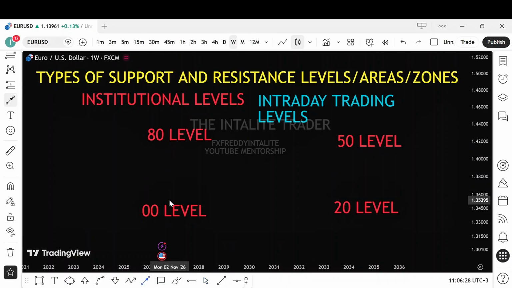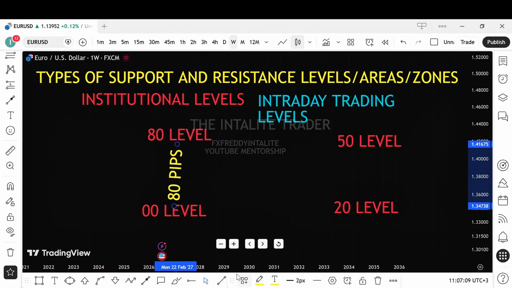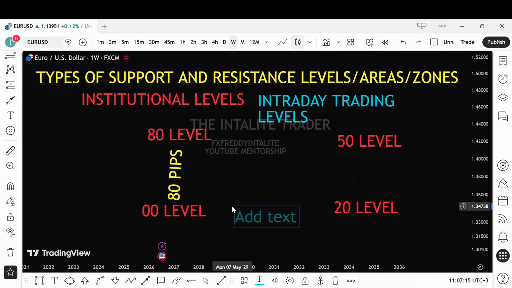Okay, let me put this here. Then from 0 to 80, these are 80 pips. And from 0 to 20, those are 20 pips. From here to here, 20 pips.